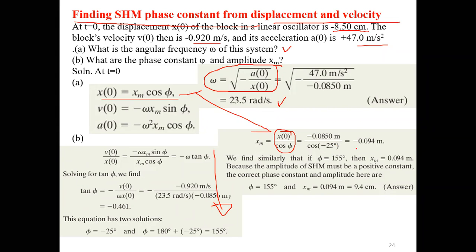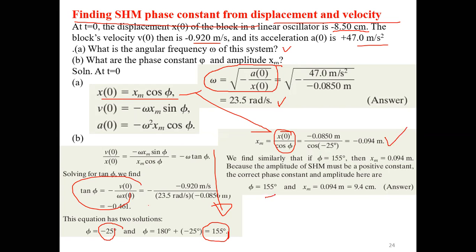So x0 is given, minus 8.5 centimeter. Cos phi, you calculate phi from these expressions, v0 by x0, 10 pi. And when you solve this equation, phi will be either minus 25 degree or 155 degree. So if you choose phi as 25 degree, xm will be this one.